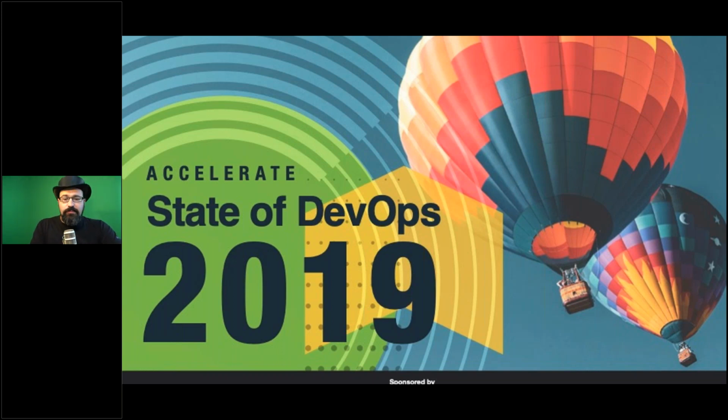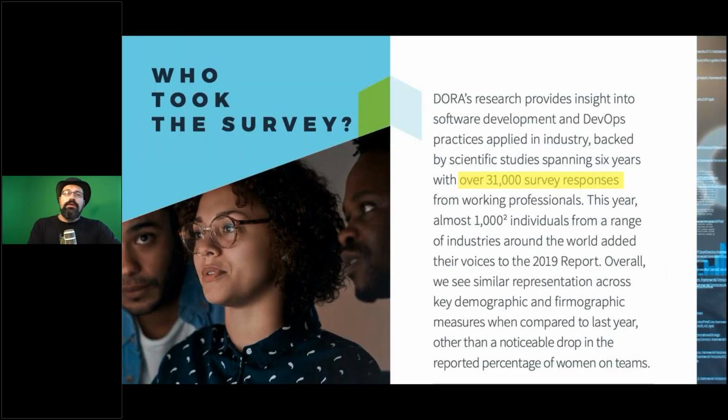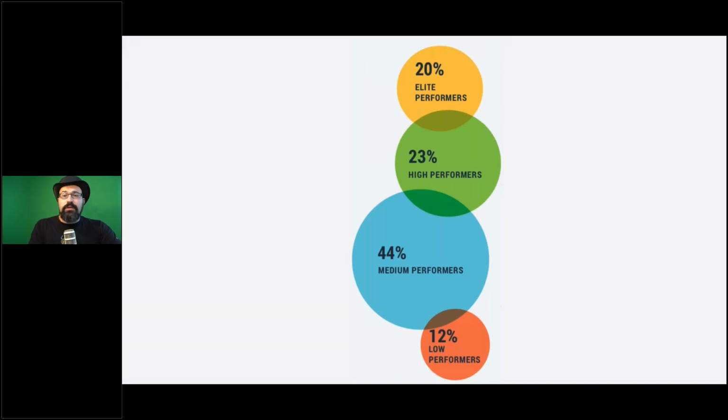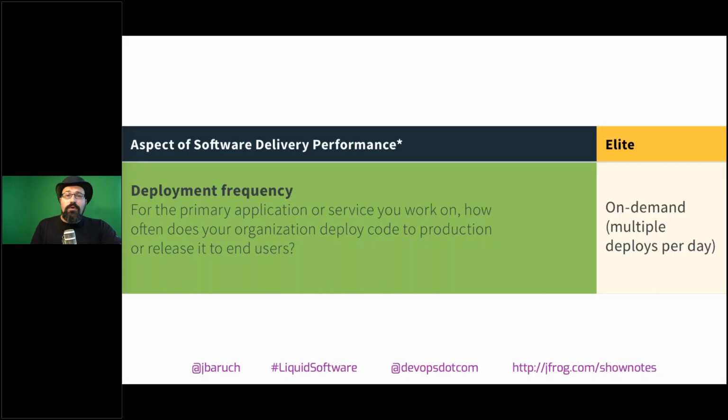And if you look at this report, and that's the most important scientific research of the DevOps industry, you can see here that they surveyed more than 31,000 organizations, and when they're broken into cohorts, you can see that 20%, every fifth organization, is what they called the elite performance. And one of the metrics by which the elite performance differs from others is deployment frequency, and the elite performance can deploy multiple times per day, as much as they need.